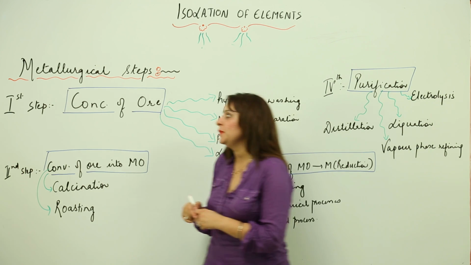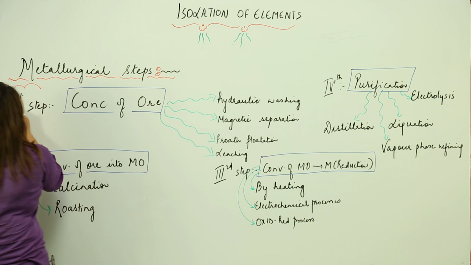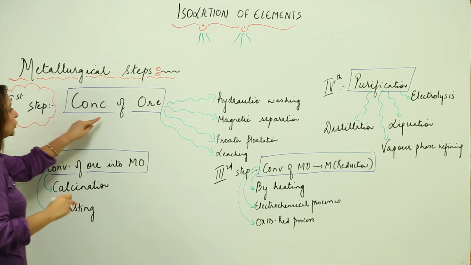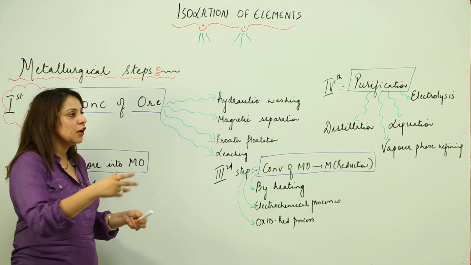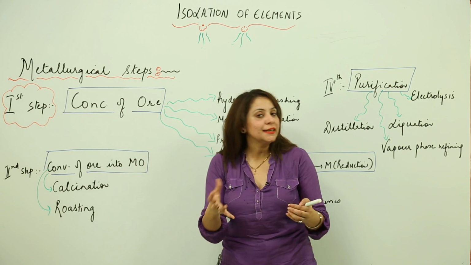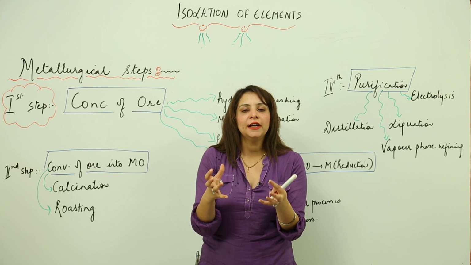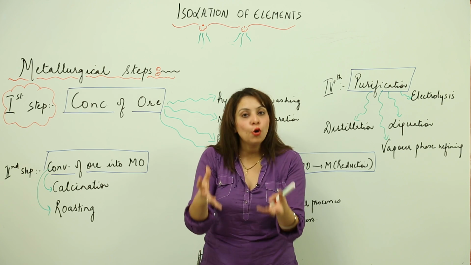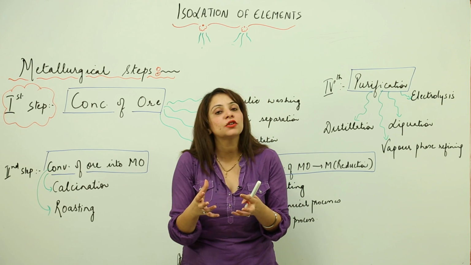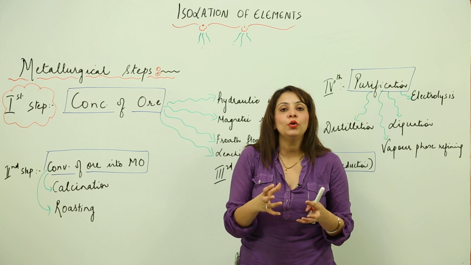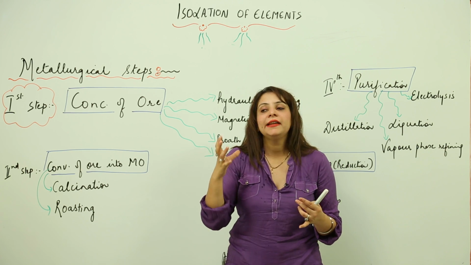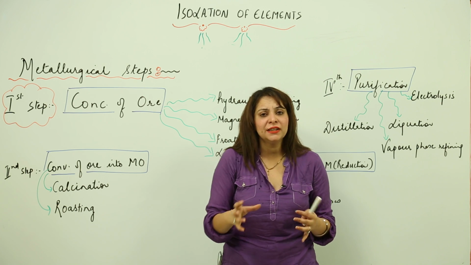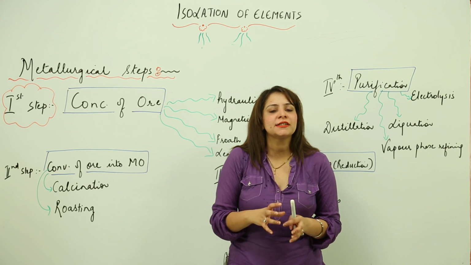The first step is concentration of ore, right. Suppose we get an ore from the earth's crust, and we see that the ore consists of clay, dust, insects, vegetation. There are many more things which stick to the ore.